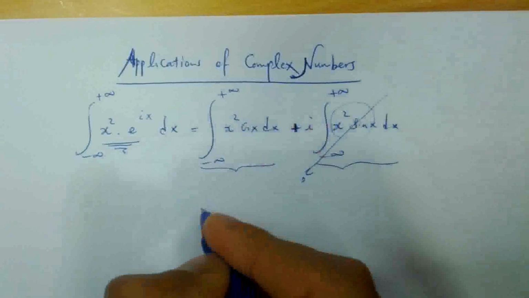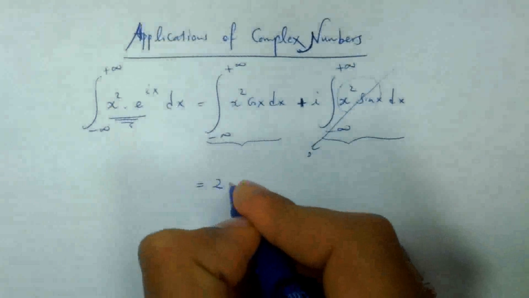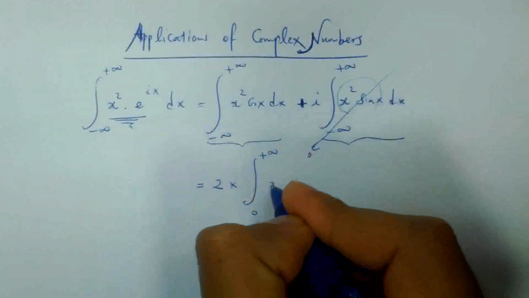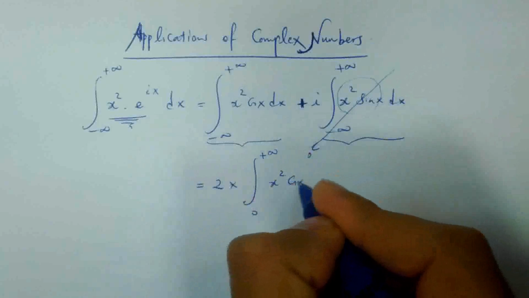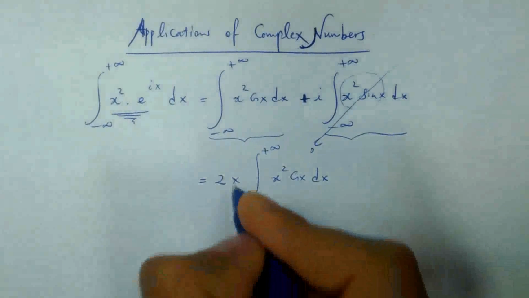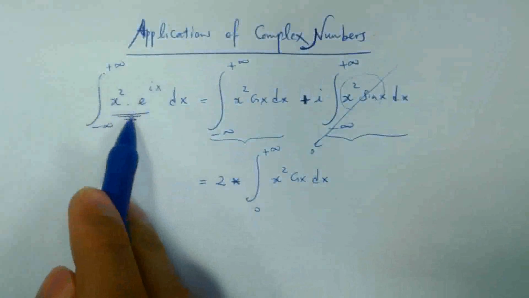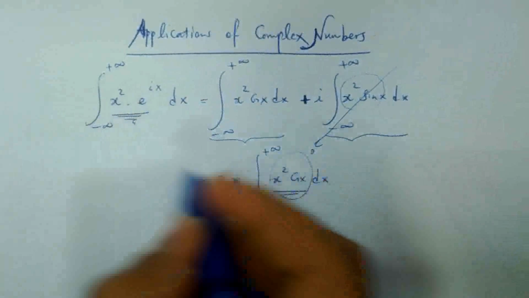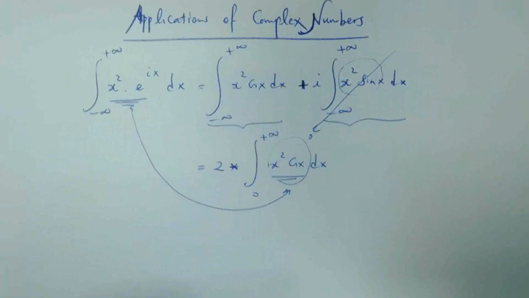And this integral can be written as 2 times the integral from 0 to plus infinity of x squared times cosine of x dx. So we have converted the integral of a complex function to another integral of a real function.